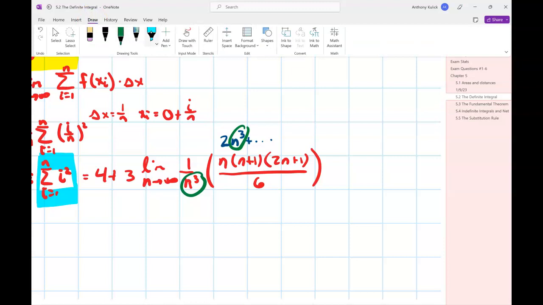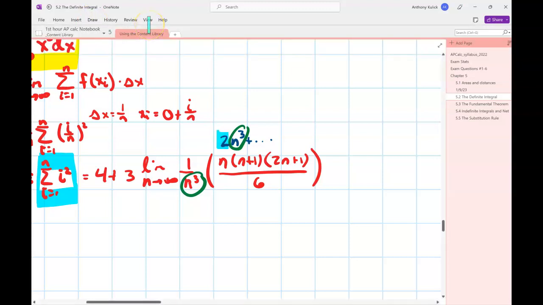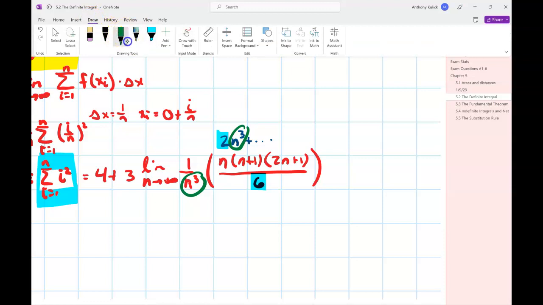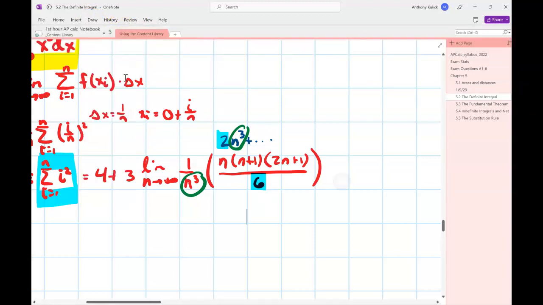So when I evaluate this limit, it's just going to be the leading coefficient over the leading coefficient. Everybody happy with that? So I end up with 4 times 3 plus 1/3, which is just 5.